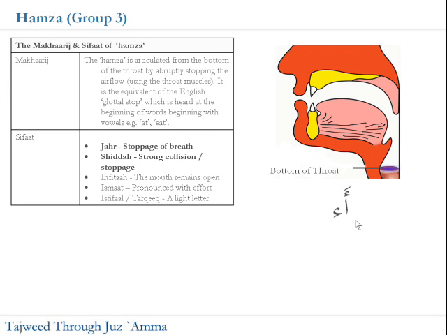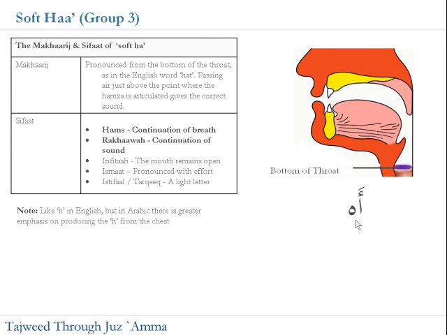And you have to get used to trying to just close off your air passage very slightly using the throat muscles. Now, in terms of its attributes or its characteristics, we have stoppage of the breath, and it's a strong stoppage. And again, you'll see this when you're practicing with your teacher.